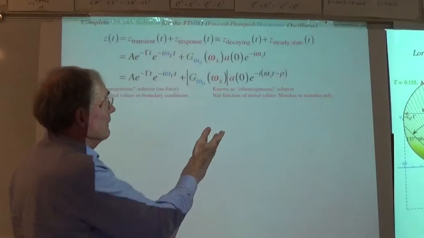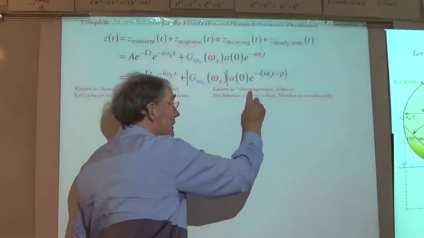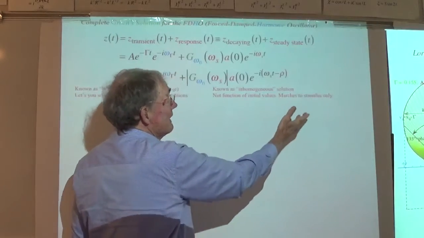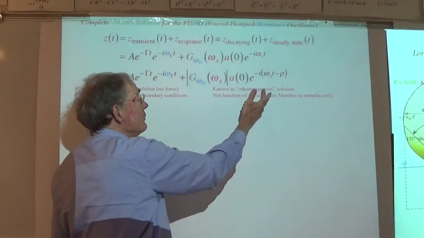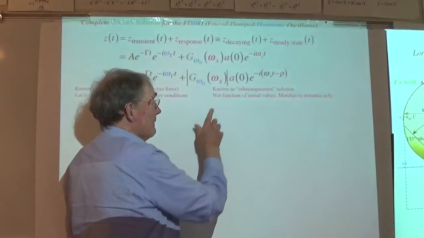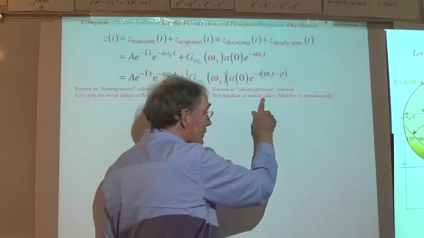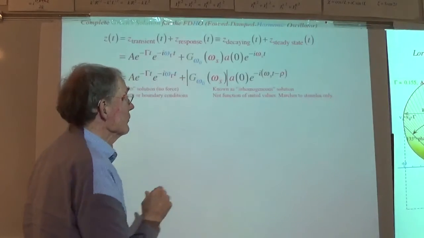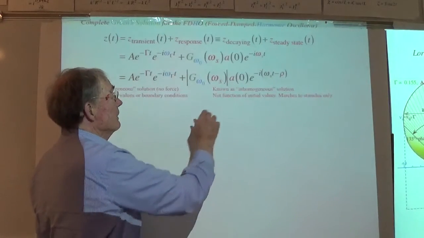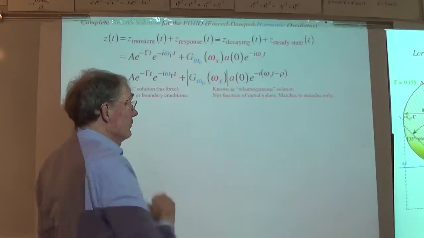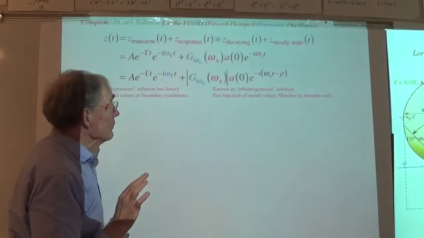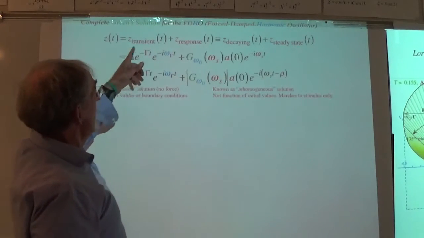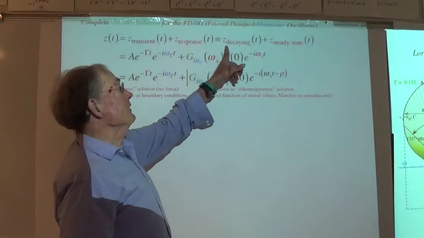And then this guy, the thing that is working on the inhomogeneity, that's what they call a function sitting on the right-hand side of an F equals ma equation, the force. This is not a function of initial values, but it pays attention to the stimulus, its amplitude, and its frequency as its parameters.